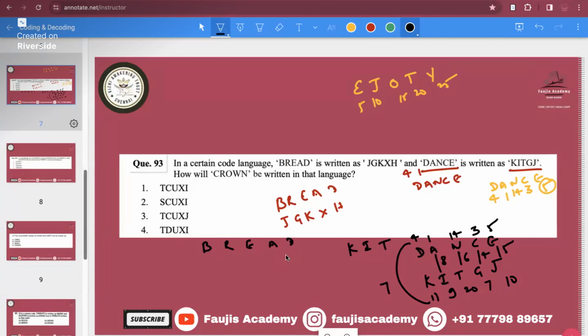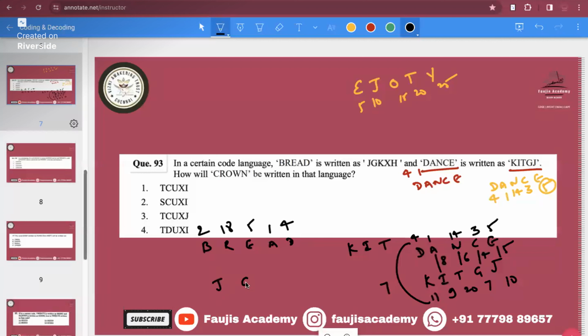BREAD. D is what number, guys? D is your 4, A is 1, E is 5. R, S, T: T is at 20, so R must be 18. B is 2, right?